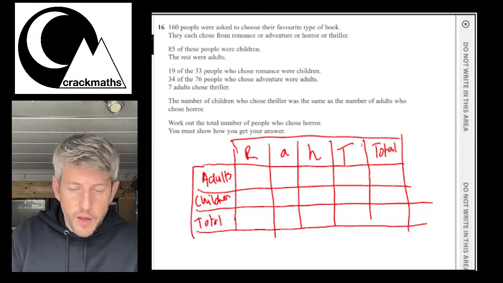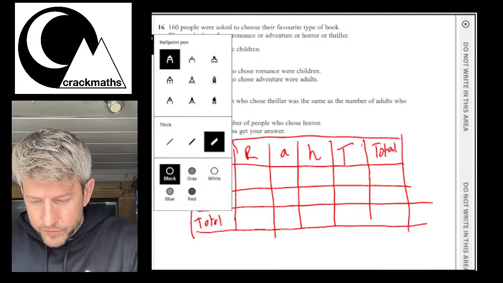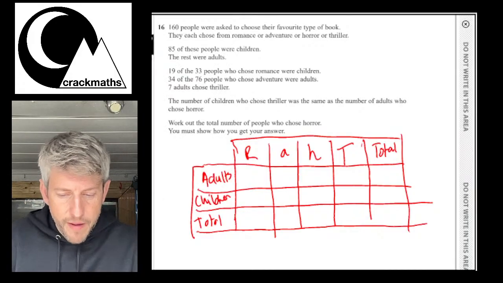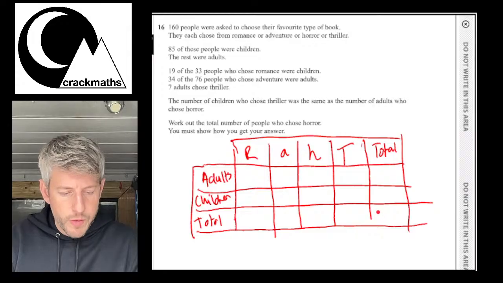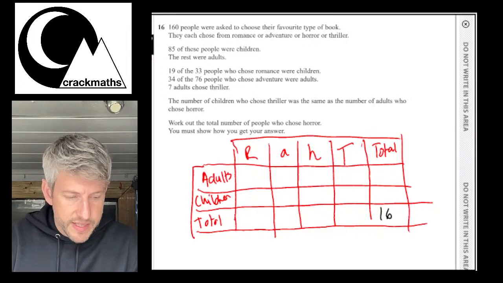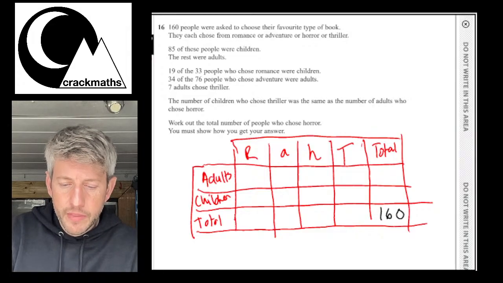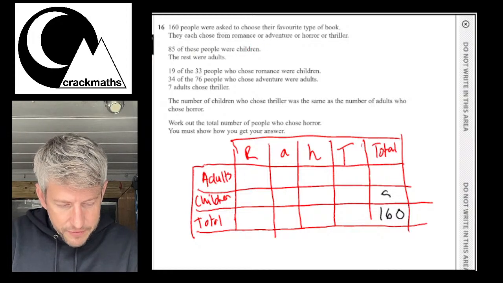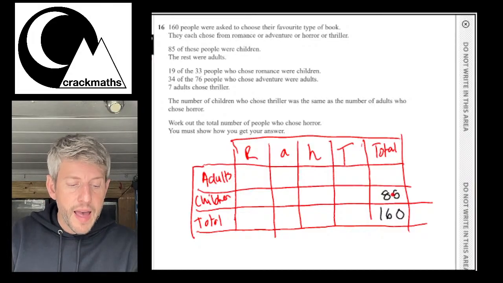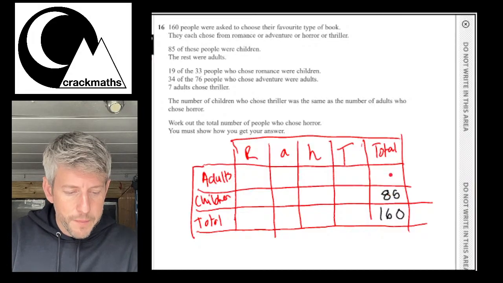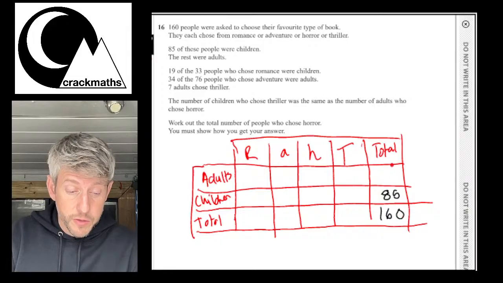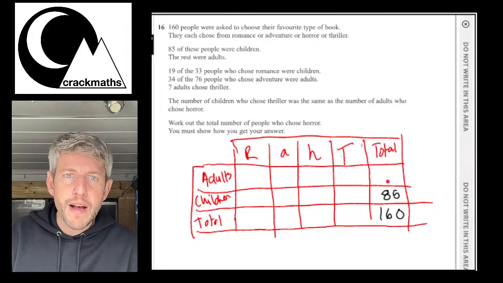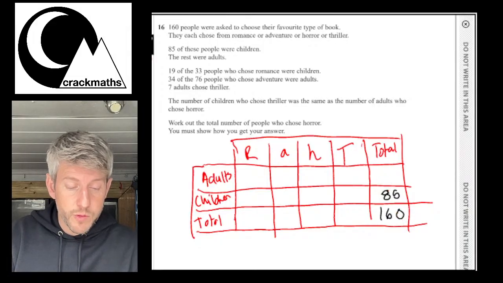Right, so let me change the colour for filling this in. So the total of everyone is what goes in this corner here. It's the total, which is 160 people. Okay. 85 of these people were children, so that means that up here goes 85. Now, if 85 of them were children, and there's 160 in total, that means that the number of adults plus the children equals 160.